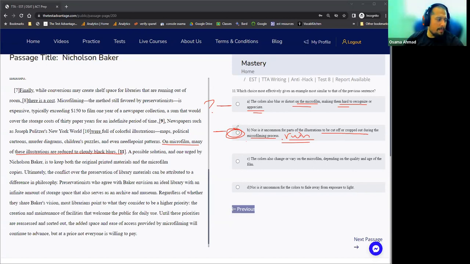Did someone tell me they gave it A? I wrote an explanation for A. Hold on. Okay, one second. No, A is not redundant.